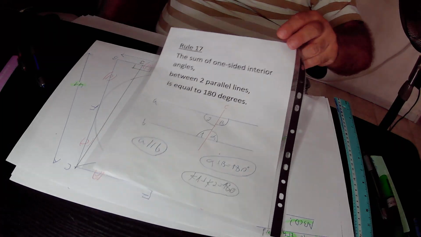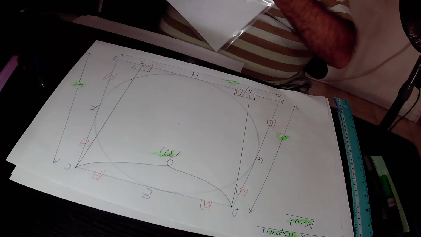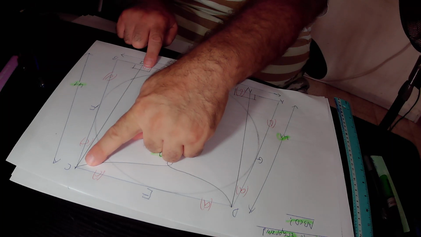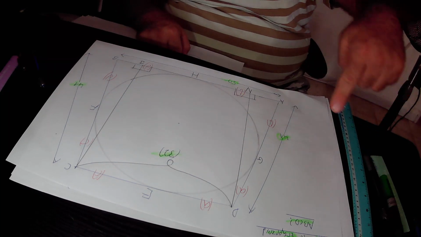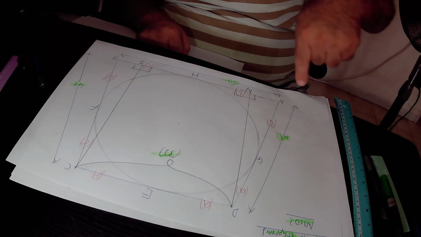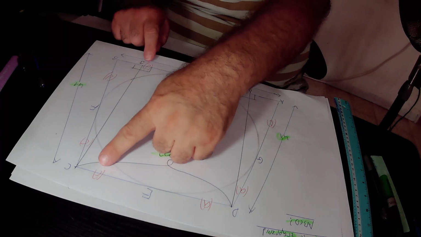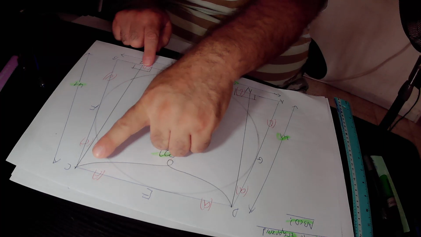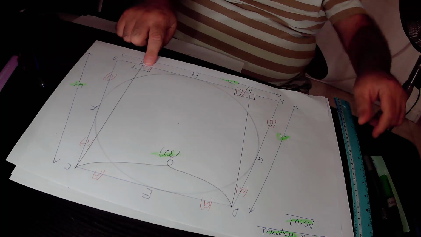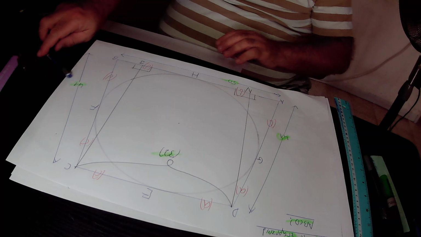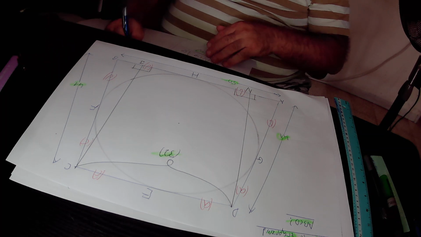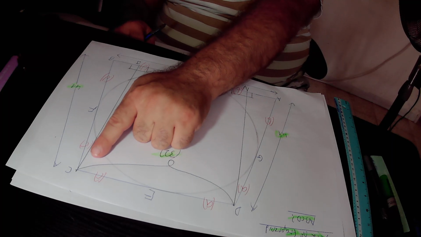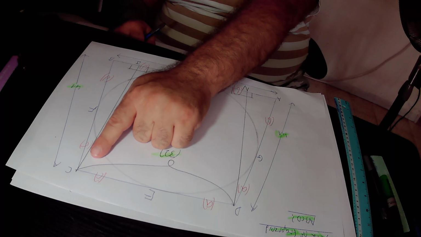So we can implement Rule 17 in our drawing, because in our drawing those two one-sided interior angles are located between the parallel lines CD and AB. Therefore the sum of those two angles must be equal to 180 degrees according to Rule 17. This angle is a right angle, equal to 90 degrees, plus this missing angle, angle DCJ.